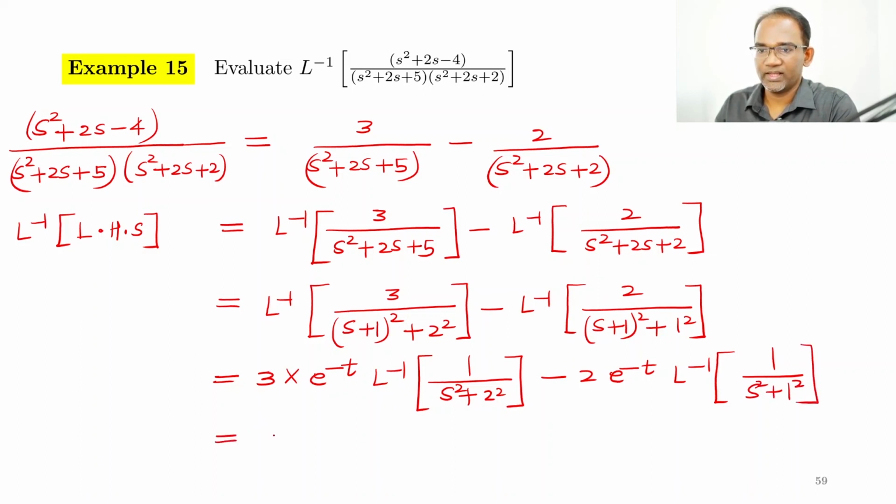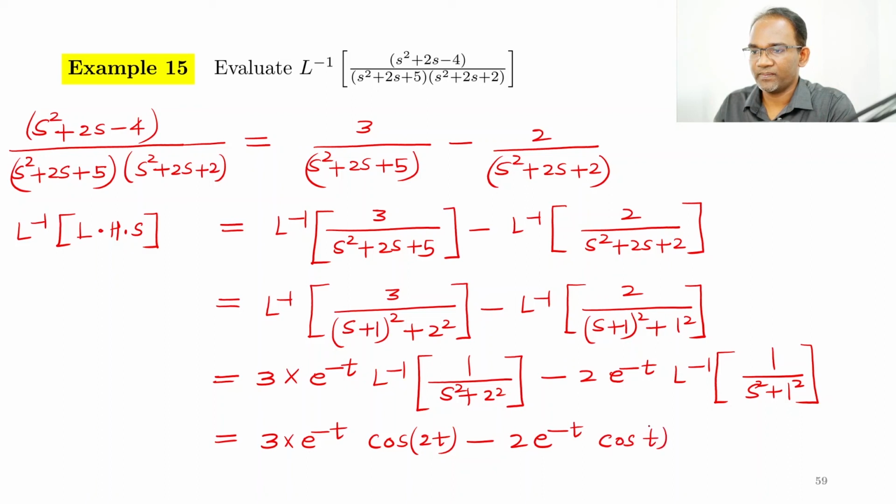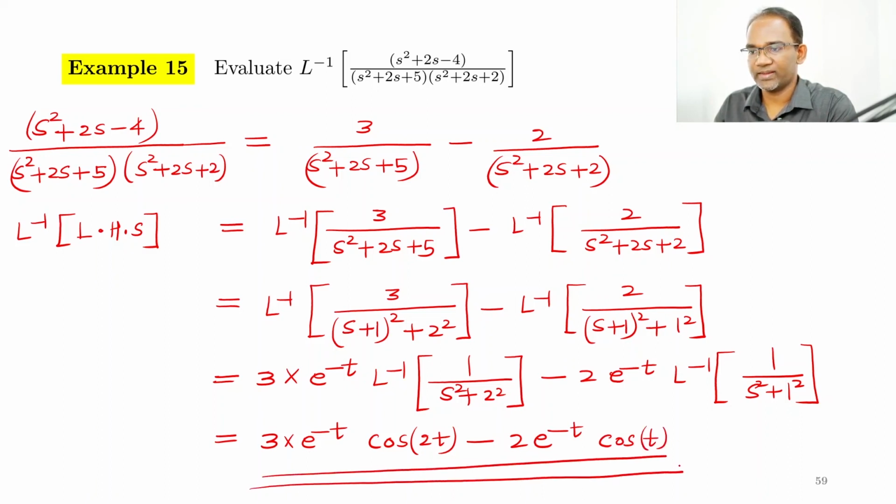And this is equal to 3 times e^(−t) cos 2t minus 2 e^(−t) cos t, and this is the required answer.